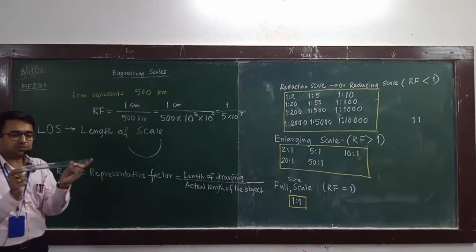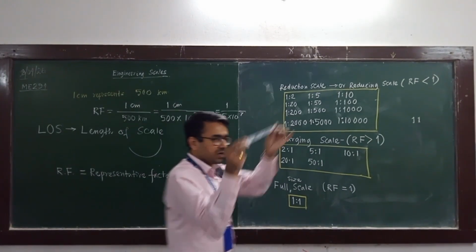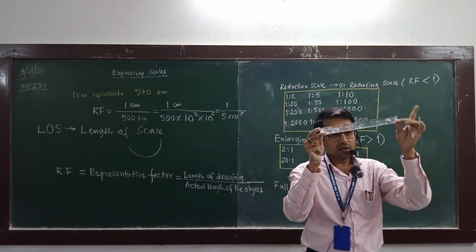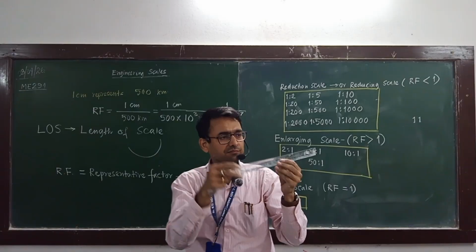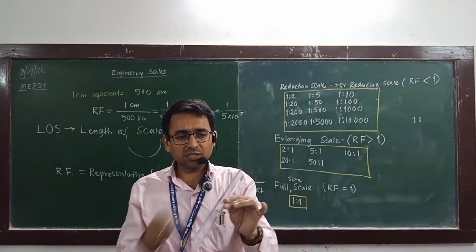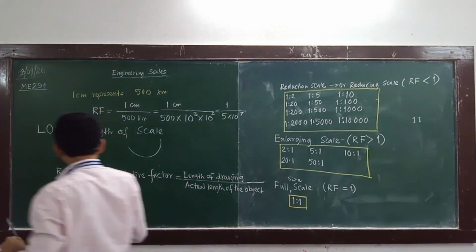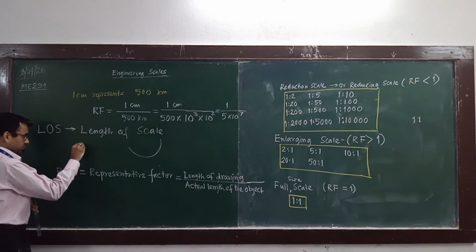What is the use of the length of the scale? With this, how much maximum length can you measure? 30 centimeters. So there is another concept called maximum length to be measured.